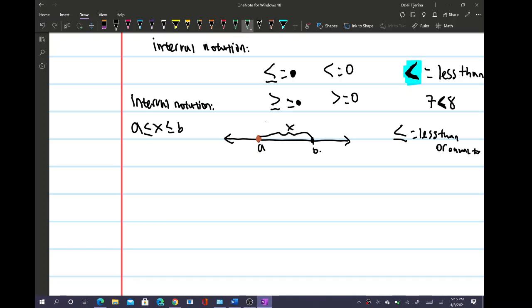I'll color code it, and let's just say this is A and this is B, so y'all can understand what I'm talking about. So this x right here, you're going to go from A to B. You're going to shade in the middle.